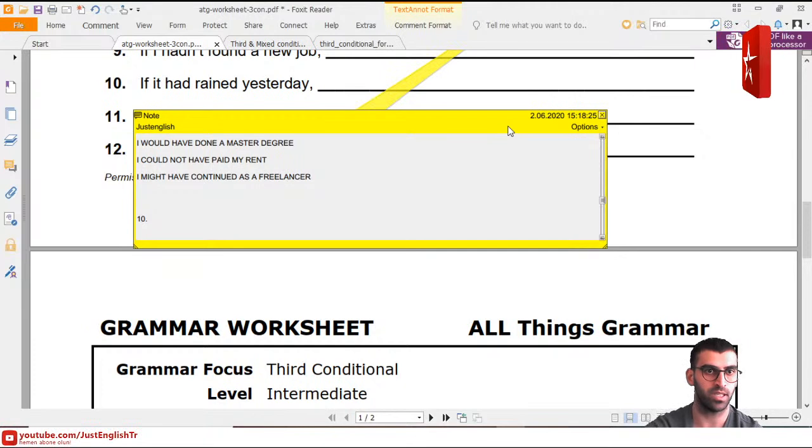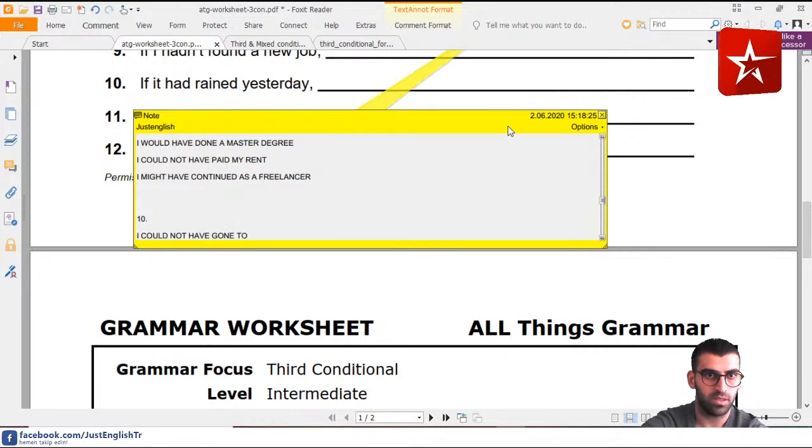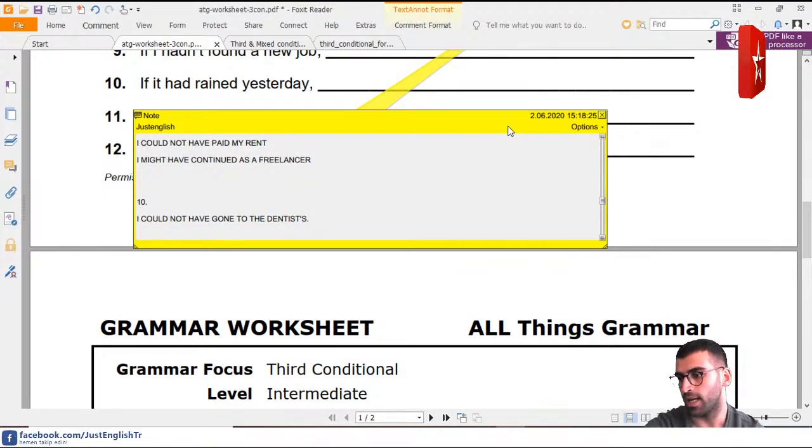If it had rained yesterday, I couldn't have gone to the dentist. That is my idea. I couldn't have gone to the dentist. And your ideas for number 10? If it had rained yesterday, I couldn't have gone to the dentist.